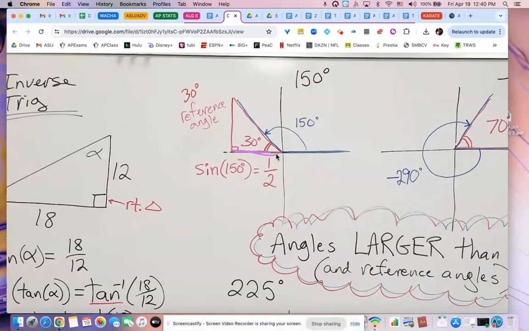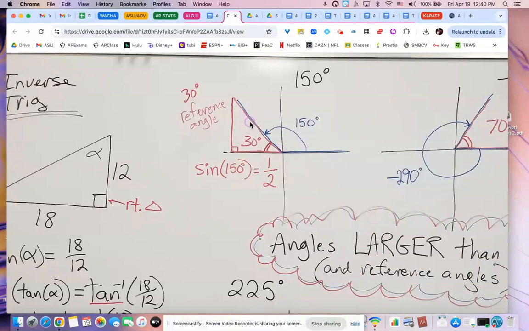And then this base is still the adjacent side of the angle that I'm talking about, right? So again, if I go back to the original triangles, the base is the adjacent side to the angle we're looking at, and the height is the opposite. So we're maintaining that.